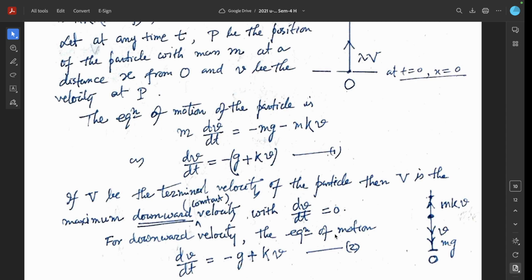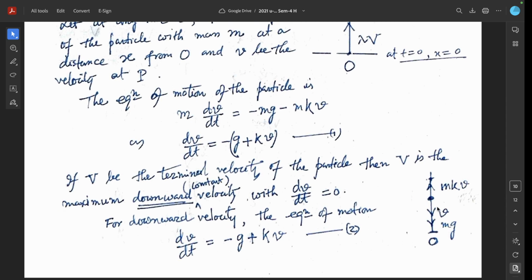For the downward velocity, the particle at this point is moving downward, so v is in this direction, mg is in this direction, but mkv, the resistance force, is opposite to the velocity. So m dv/dt equals minus g plus kv, that is, minus g to kv.